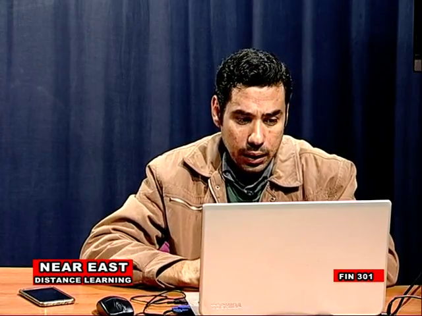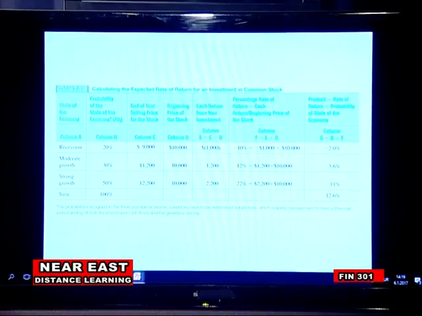Example: if we have 3 assets A, B, C, the probability for each asset is 20%, 30%, 50%. The rate of return for each asset is minus 10%, 12%, 20%.